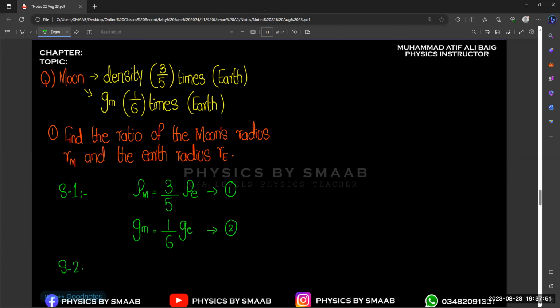For volume, yes. The volume of a sphere that we mostly write in the geometry section also, V is equal to 4 over 3 pi r cube. Remember that? Yes. So basically, we are going to use that formula because we are using spherical bodies.